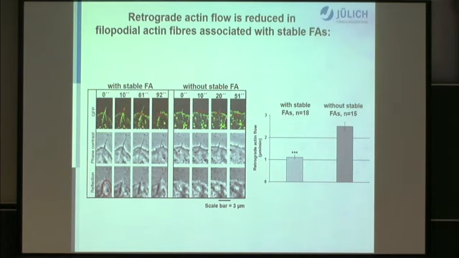If you analyze this, over time you can see that the retrograde flow, simply by binding of the focal adhesion to the actin cytoskeleton, is clearly reduced within the actin bundle to approximately 1 micrometer a minute, while the retrograde flow within actin bundles without this strong interaction is 2 to 3 times higher.